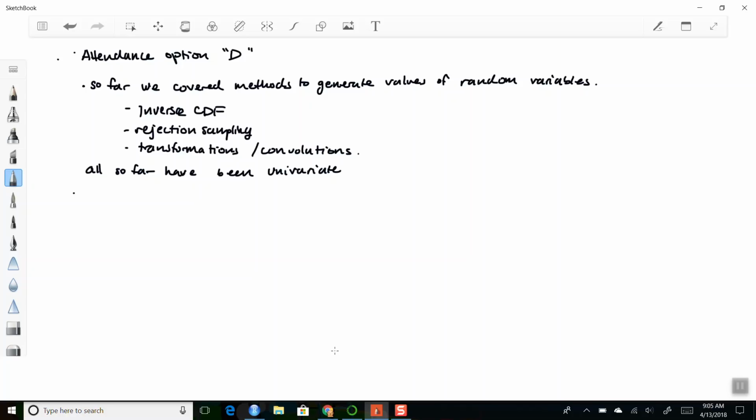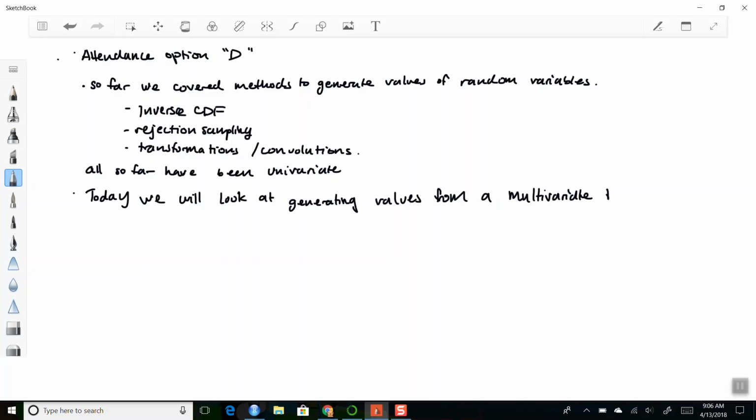All right, but today we will look at multivariate distributions. Specifically, today we will look at generating values from a multivariate distribution, okay?